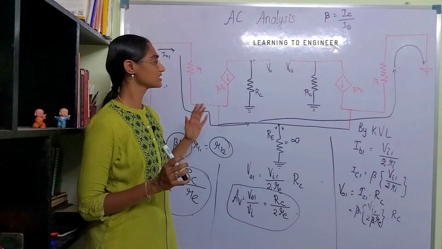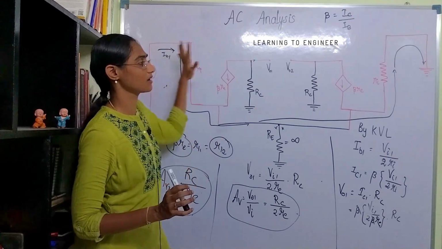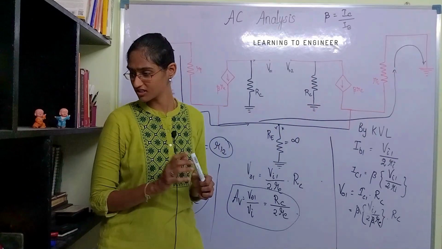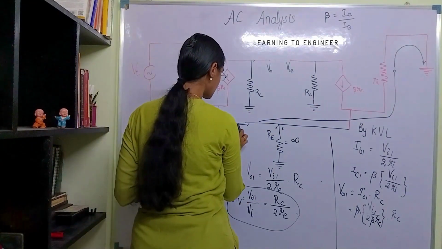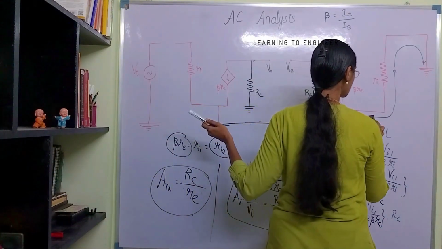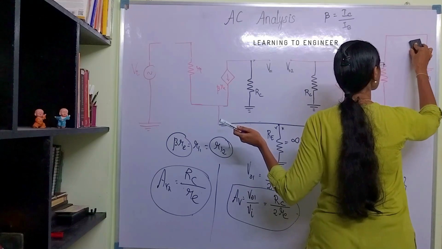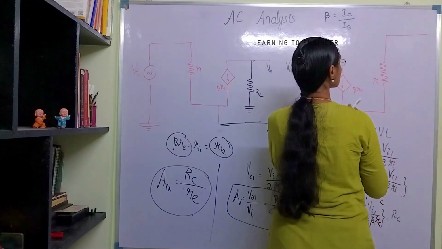Common mode signal is applied to this transistor, meaning that the same voltage will be applied there, okay. It is just one loop. The same VI is looped back to the second terminal also. That is when we call it as common mode signal. This is not connected to ground.